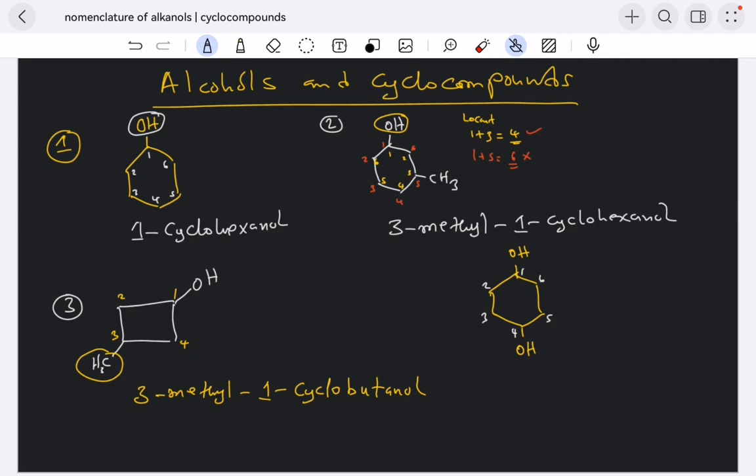So meaning at position 1 and position 4, then you say cyclohexane. Then because you have 2 of those, it's going to be diol. Cyclohexane diol.